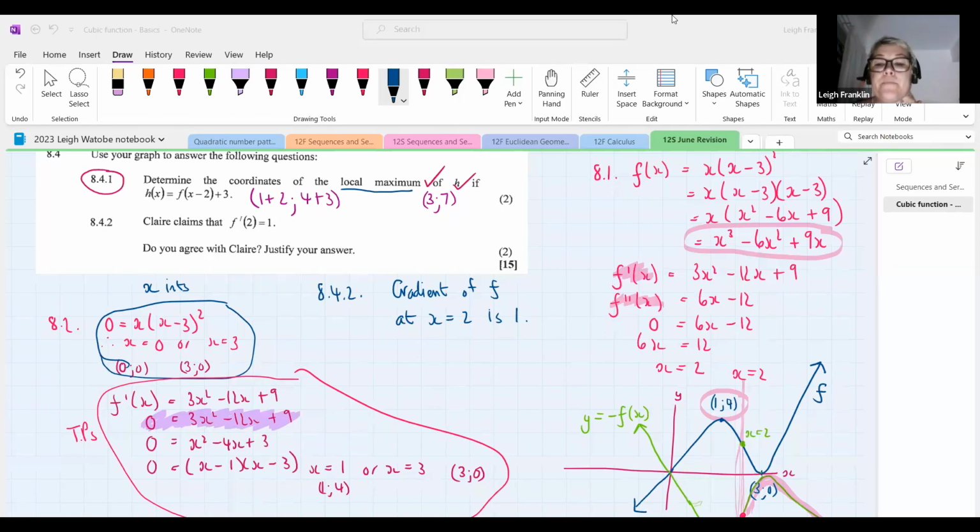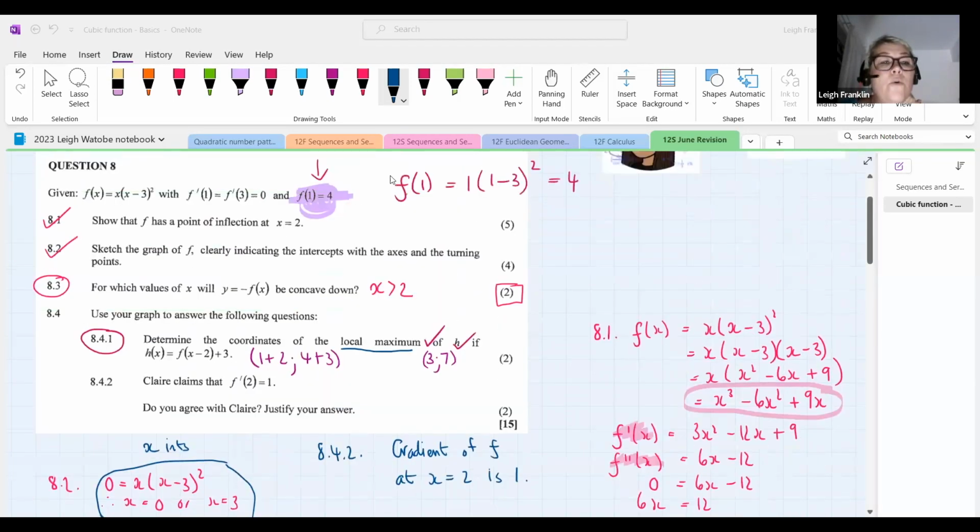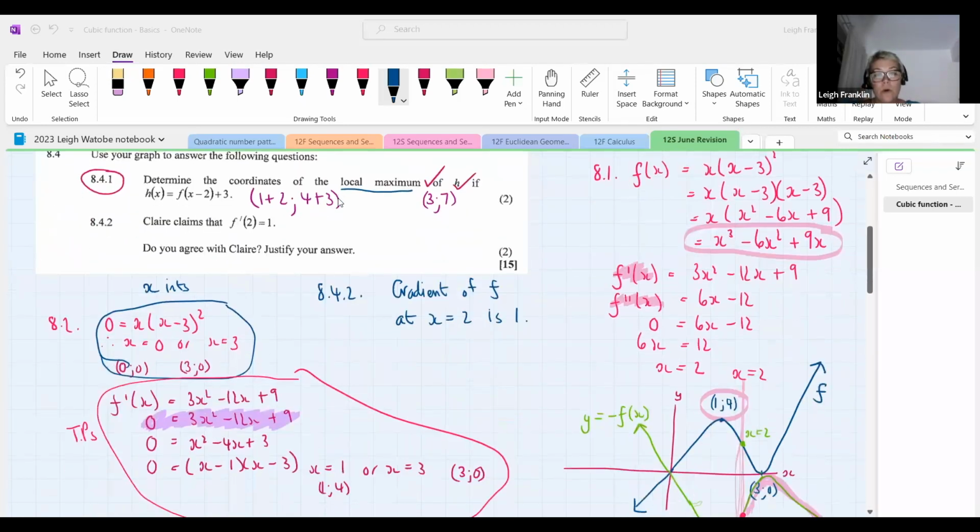So the 4 came from either subbing 1 into the first derivative, or if you recall up here, f of 1 equals 4. We know that there was a turning point at 1, so 4 you would get from subbing 1 back into the original.